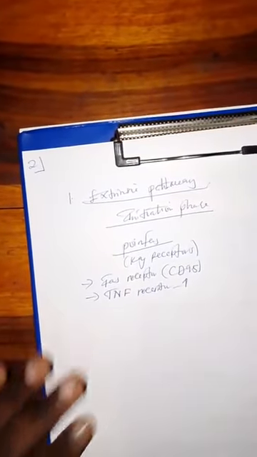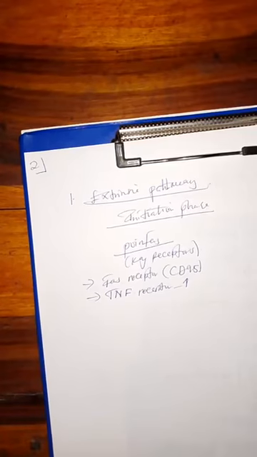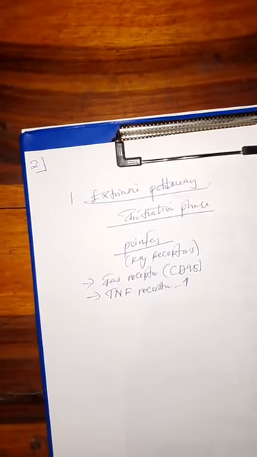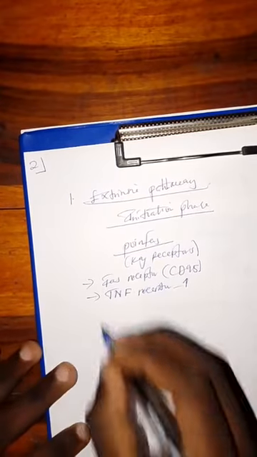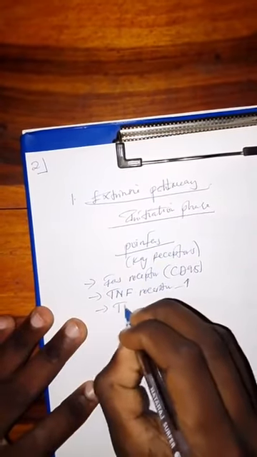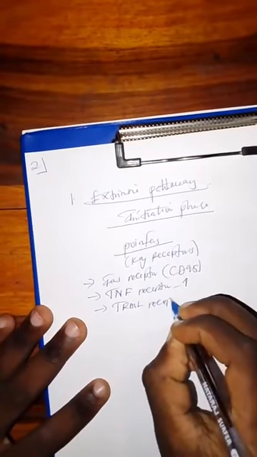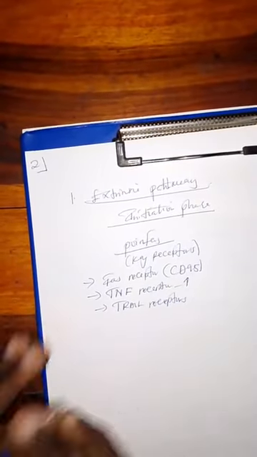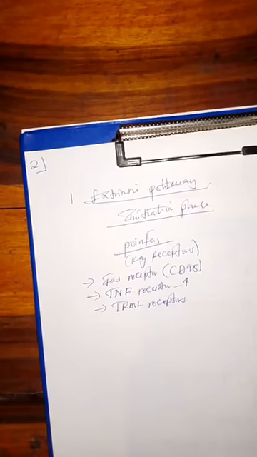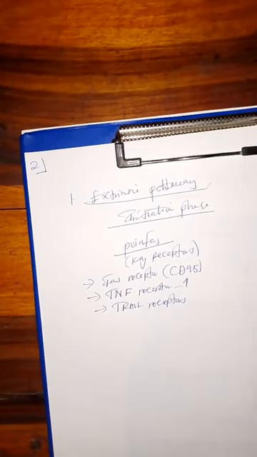Also, you can have the TRAIL receptor, the TNF-related apoptosis-inducing ligand receptor.